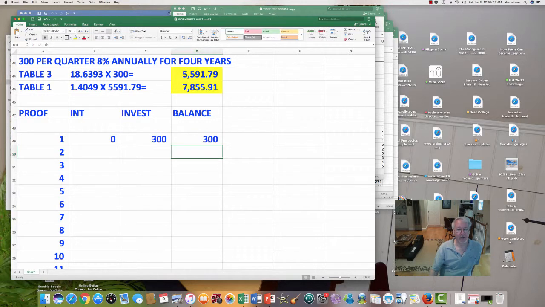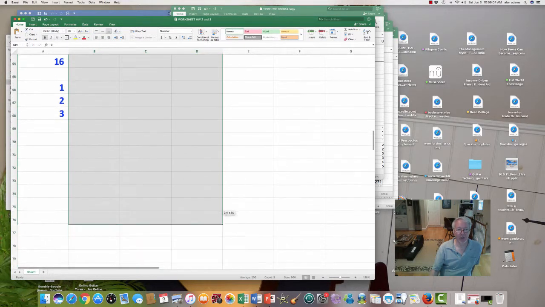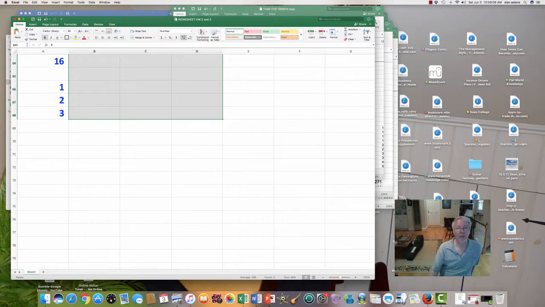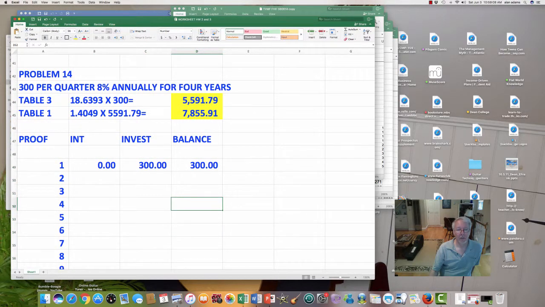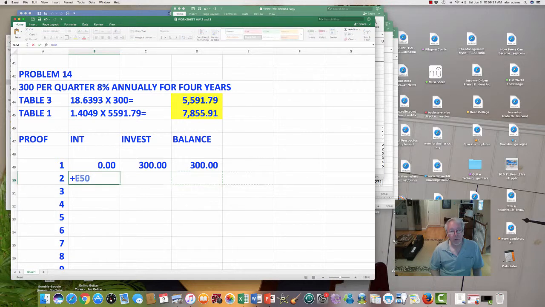Okay. I'm going to take a moment and give us pennies on all of these things. There we are. So now, at the end of the first quarter, she has 300. That's going to earn her how much? Well, 8% annually. So for 1 quarter in the second period, that amount is going to earn her, hold on please, okay, having a little trouble here.